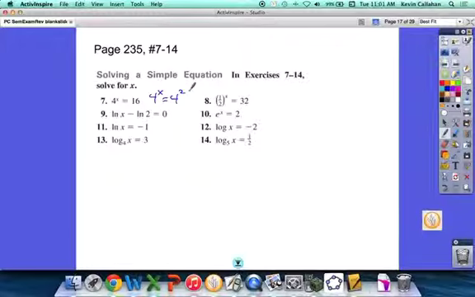But you probably didn't need to do that to figure that out. Solve for x. Convert it to an exponential. What would be the base of the exponential? E to the negative 1 equals x. Okay.